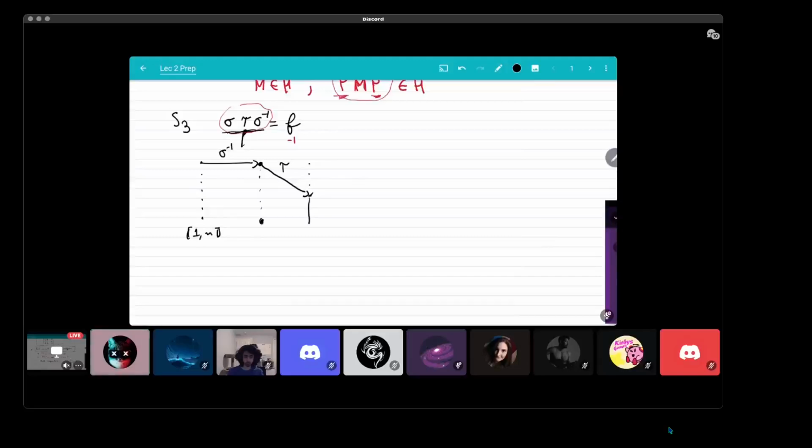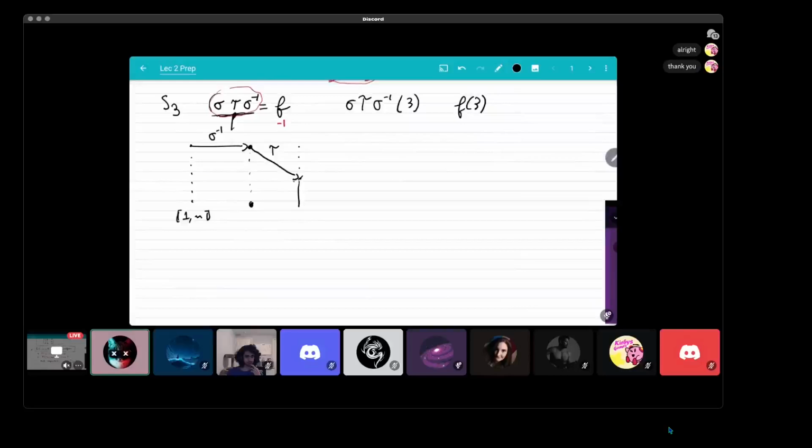Well, I chose the wrong format to display this. But the point is that it's very unlikely that you'll end up with the same number if you composed, for example, if you took f of 3 and f of 3. Intuitively for me, it's unlikely to end up with the same result.